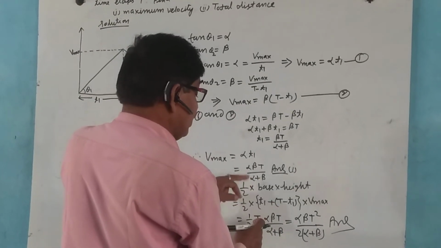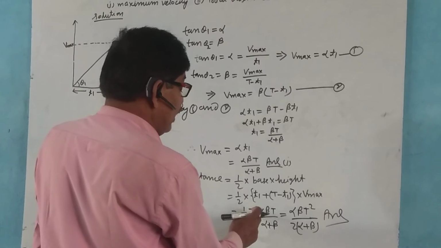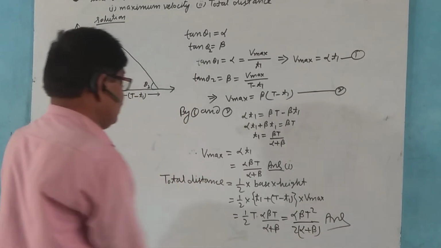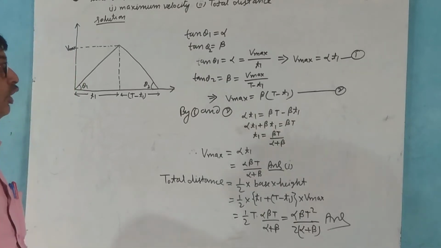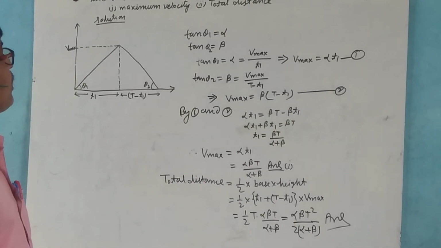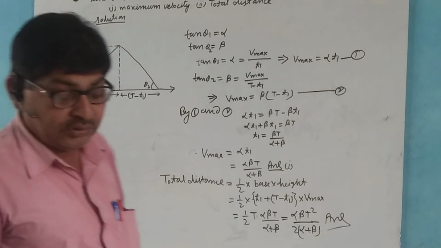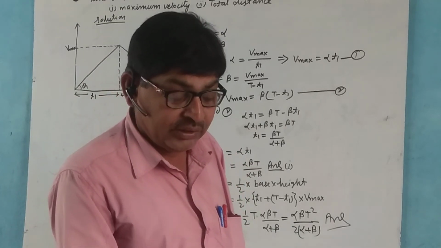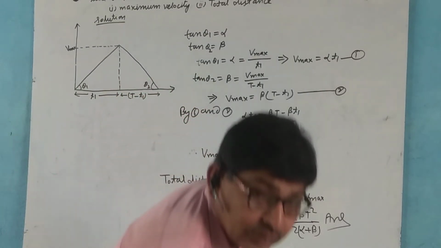Here T comes here. So alpha beta T square divided by 2 times alpha plus beta is the total distance covered by the particle. Now we see the next problem, projectile motion.